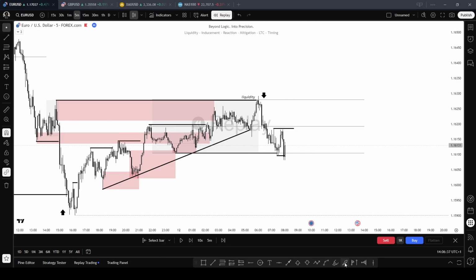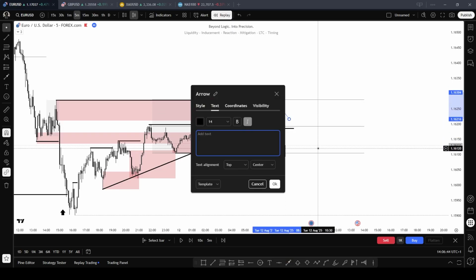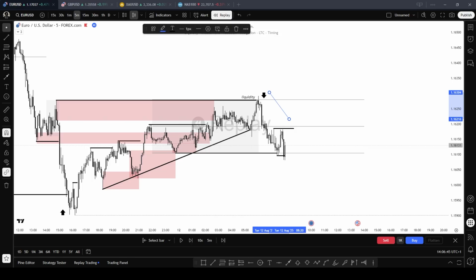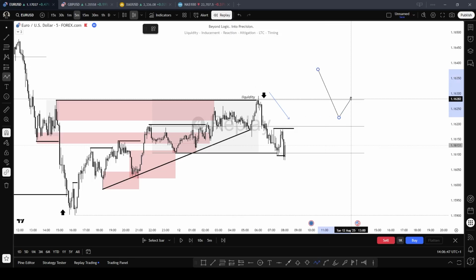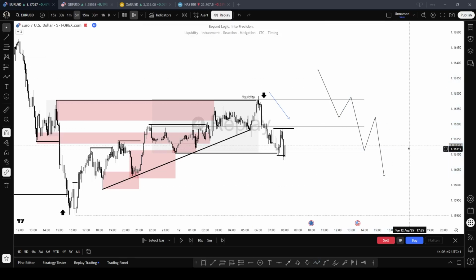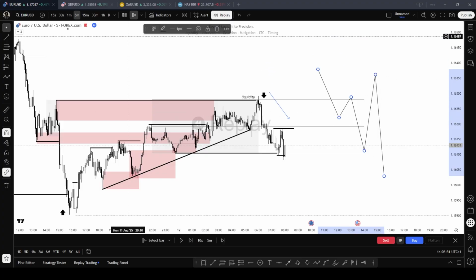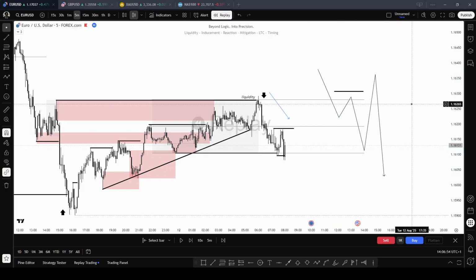Now we know that market is following this point of inducement, but it never goes the same way. It isn't always like this. It likes to take out the liquidity, and then as a reaction of that liquidity it moves, right?